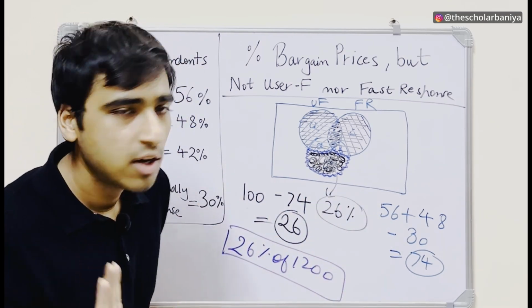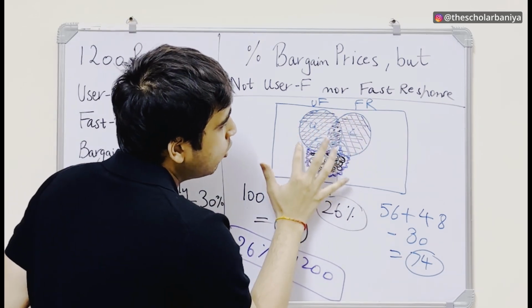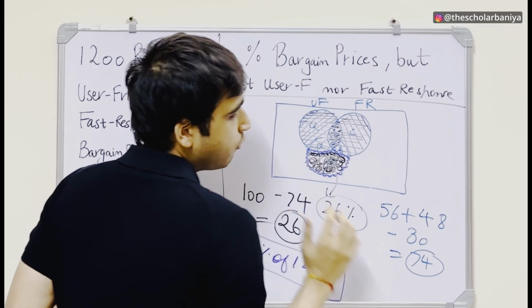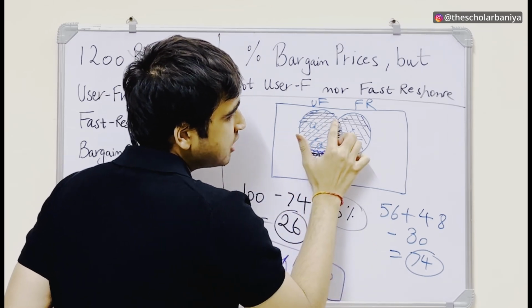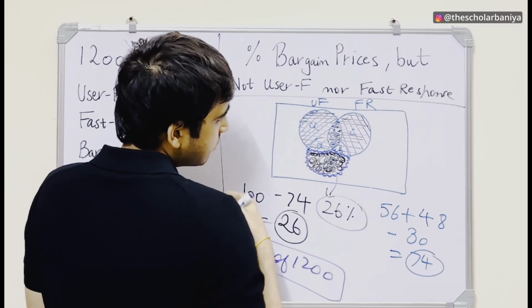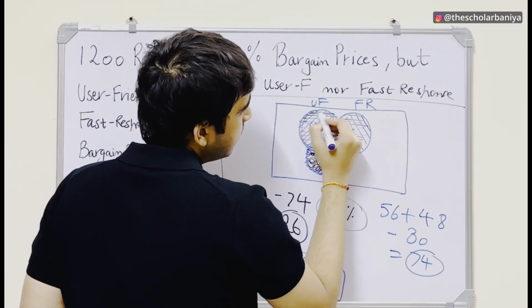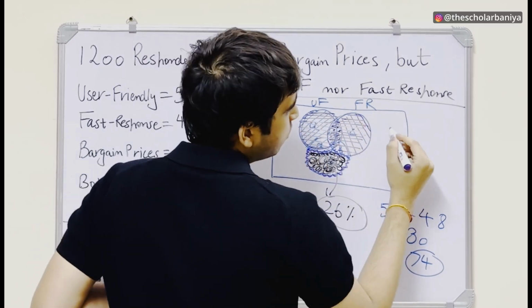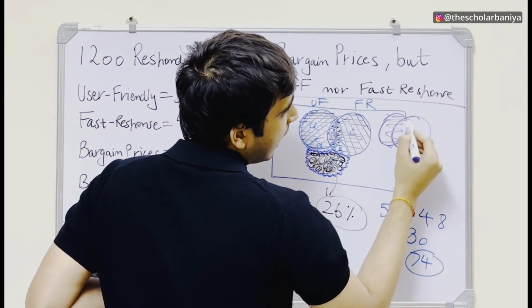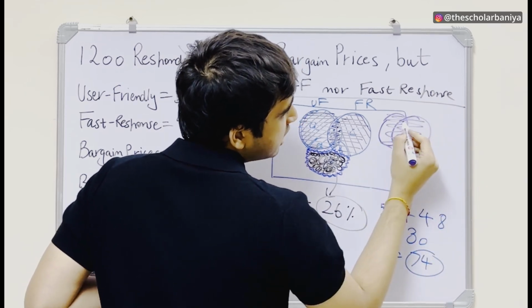So what I did here is that I knew this whole area is 56%, this whole area is 48%, and this area is 30%. If I add this area and this area, this part gets repeated.